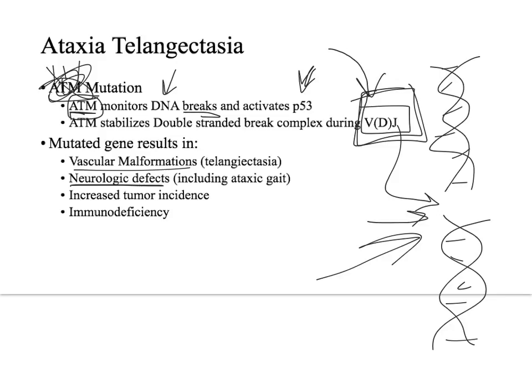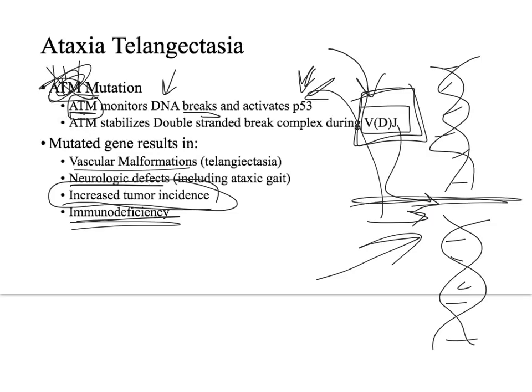Anytime there's a repair enzyme that's missing, it always makes sense to me that you get neurologic defects because there's already a reduced number of mechanisms to repair the DNA because they don't divide. You get increased tumor incidence, so that makes sense. You have breaks in your DNA, p53 is not being activated, so it makes sense. And then immunodeficiency because you're using VDJ recombinase.